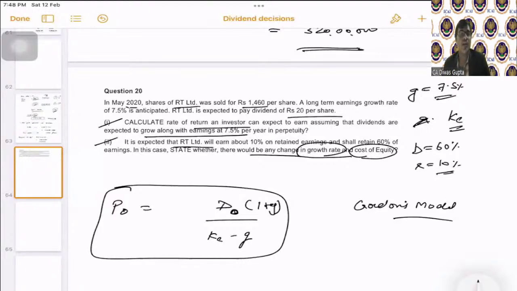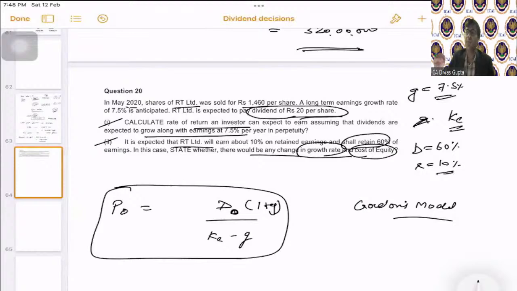We don't know what the earlier retention ratio was, but definitely they have changed the retention ratio to 60%. So if the retention ratio is changed to 60%, then how much would the dividend have changed? That we have to compute, correct? Right, students?